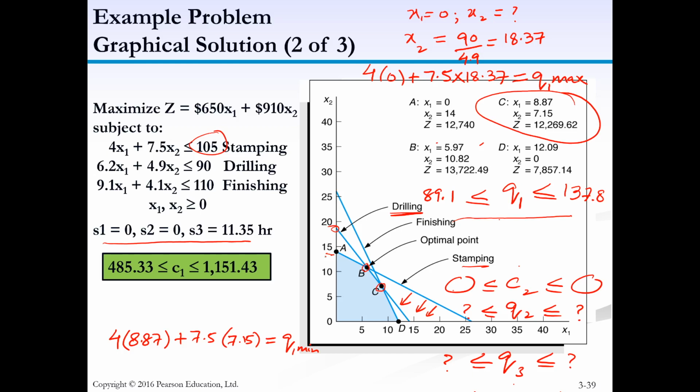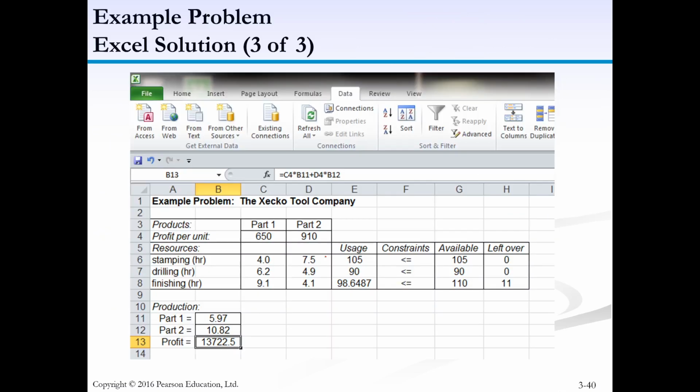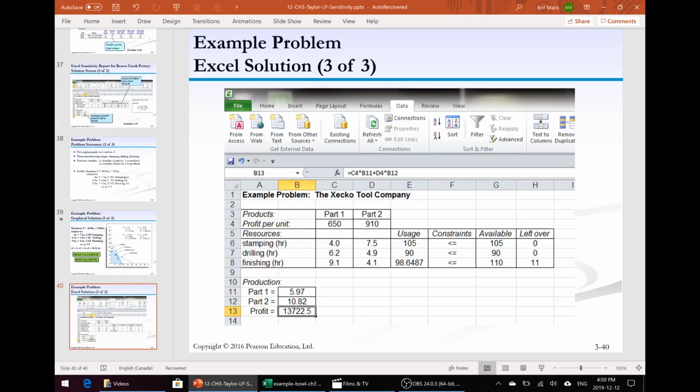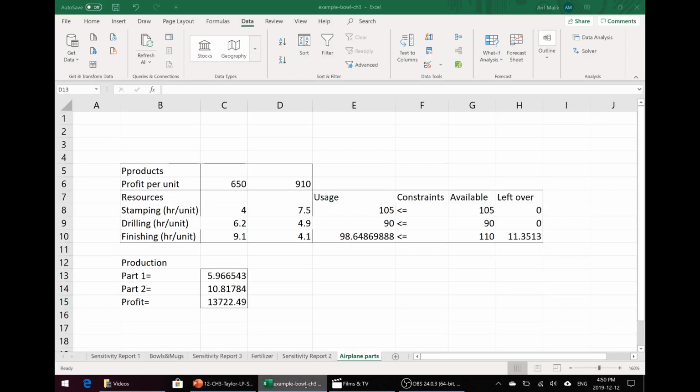I suppose this is the Q1. We have done it correctly. Now we can solve it by Excel. We just model it and solve it. I can show you in the Excel as well. We have done it.